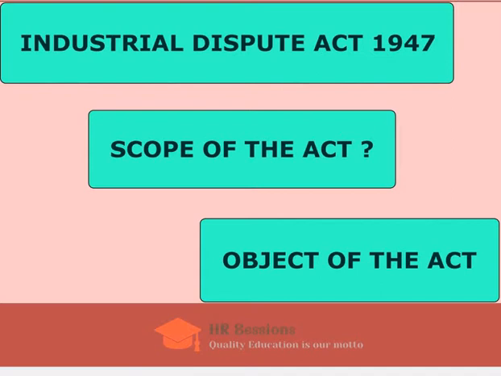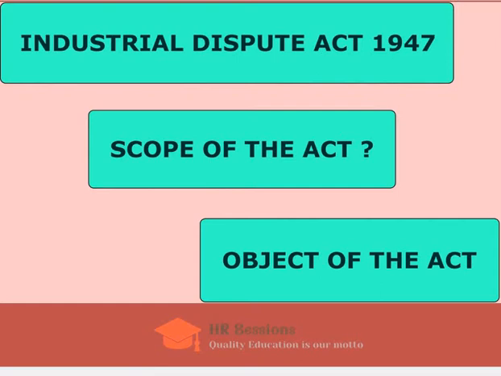Considering those shortcomings, the amended act was introduced in the name of Industrial Dispute Act 1947, which provides the proper machinery to settle disputes: the works committee, conciliation officer, board of conciliation, court of inquiry, and industrial and national tribunal.